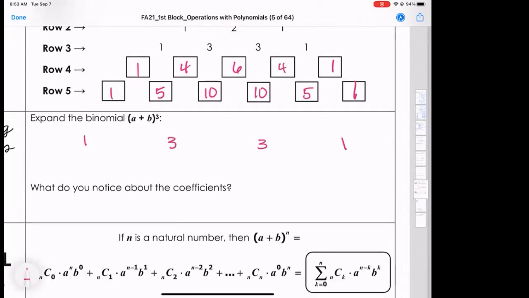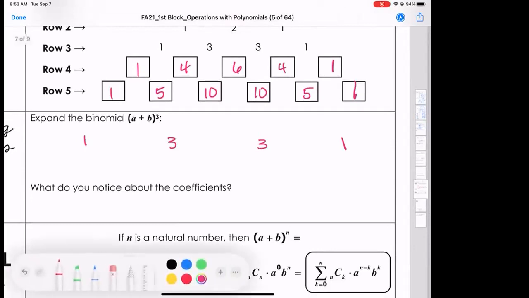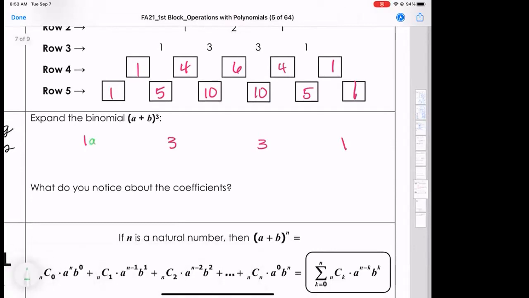We know also that we're going to start with a to the what power? A3, B0, A2, B1, A1, B2, and then A0, B3.